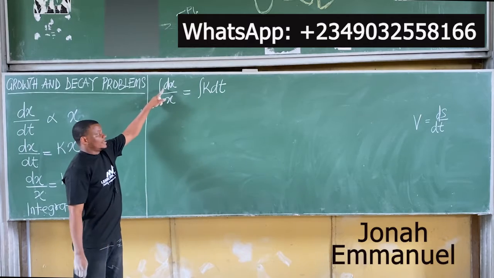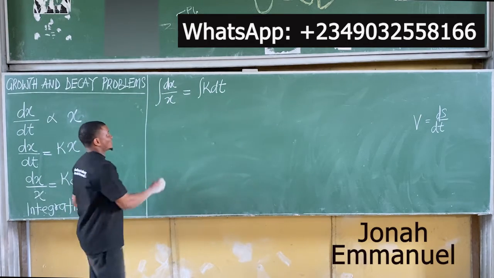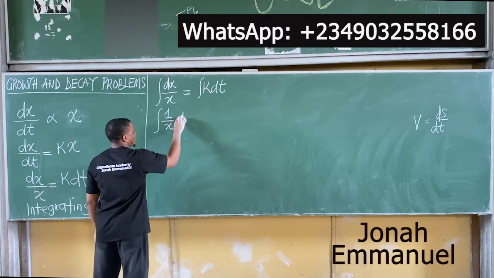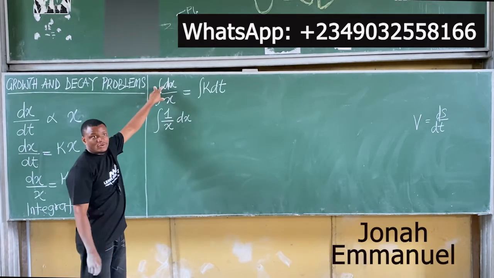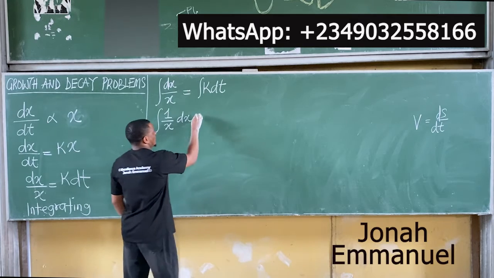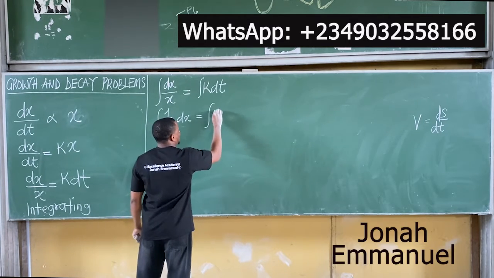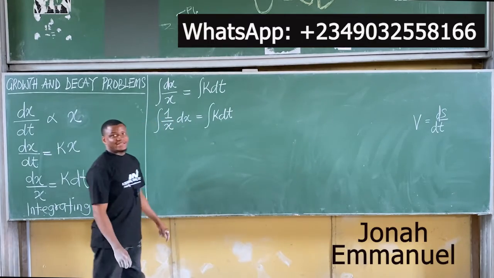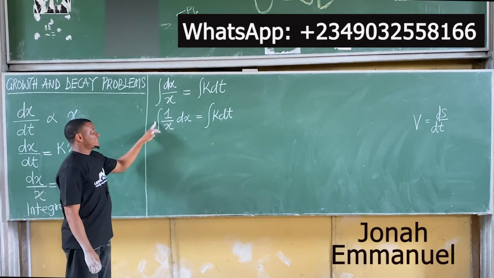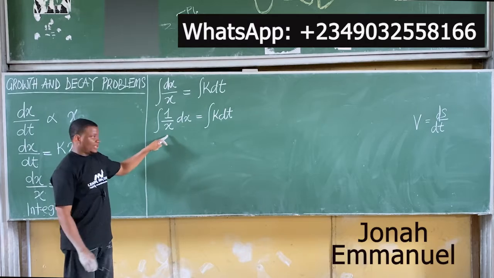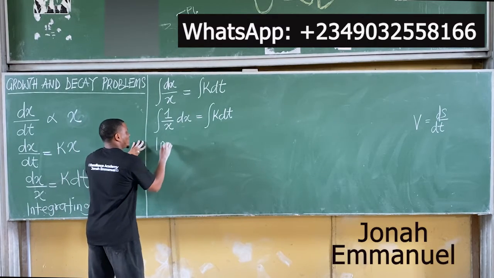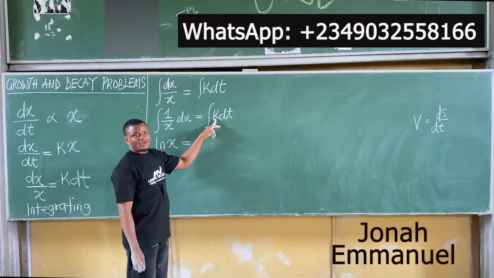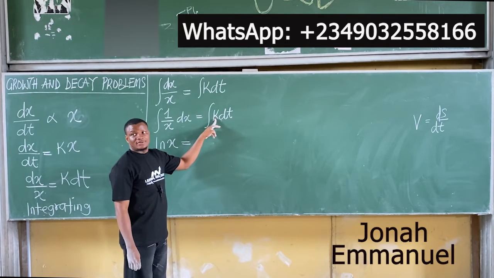This one here is the same as the integral of 1 over x dx, equal to the integral of k with respect to t, dt. If I integrate 1 over x, what do I get there? ln x. So I have ln x is equal to, integrate this one here. What do you get? kt.